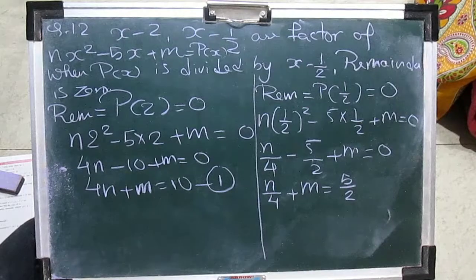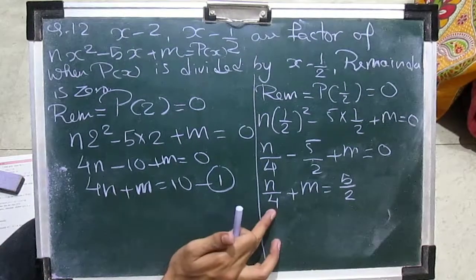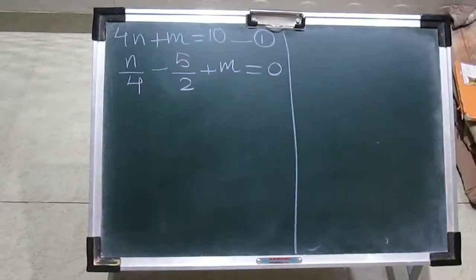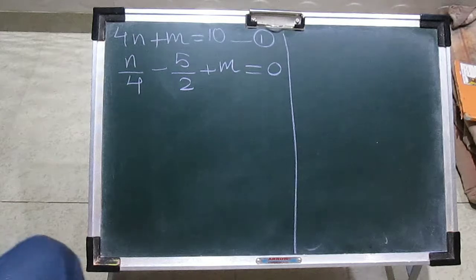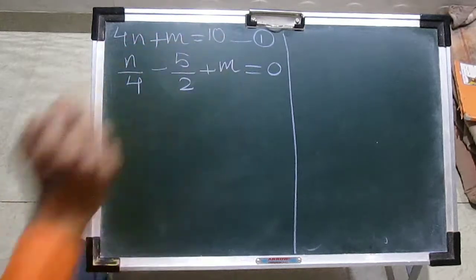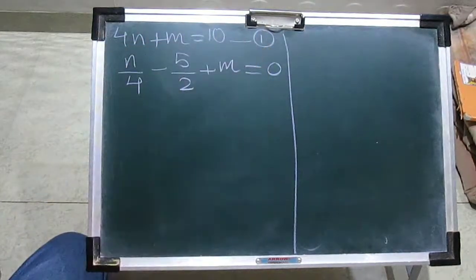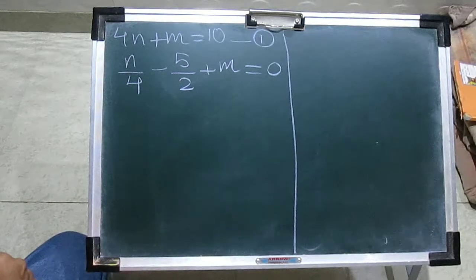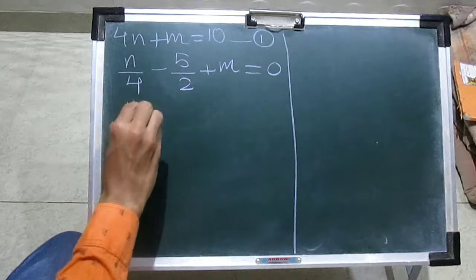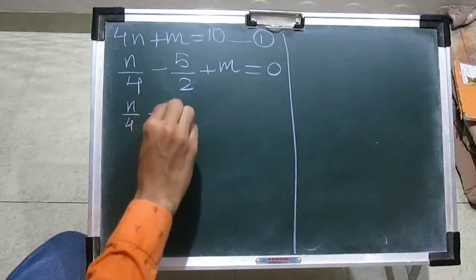I can write this. After that, I don't want this 4 over here. So we got the two equations. The first was 4n plus m is equal to 10, that we gave the name first equation, and the next is this, which we are going to simplify. So I can write n by 4 plus m is equal to 5 by 2.